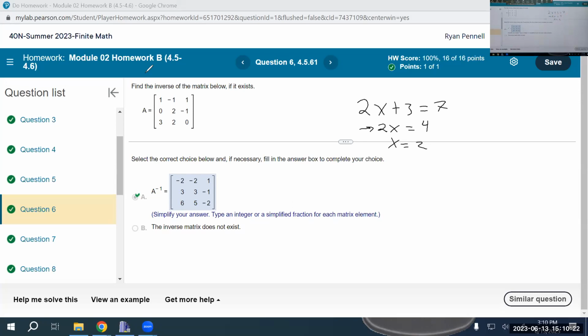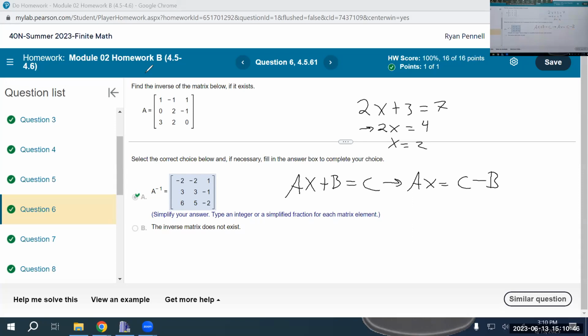Well, how are we going to do this with matrices? If we have Ax plus B equals C, well, we know Ax equals C minus B, just subtract. We've defined what subtracting matrices is, but how do you divide?